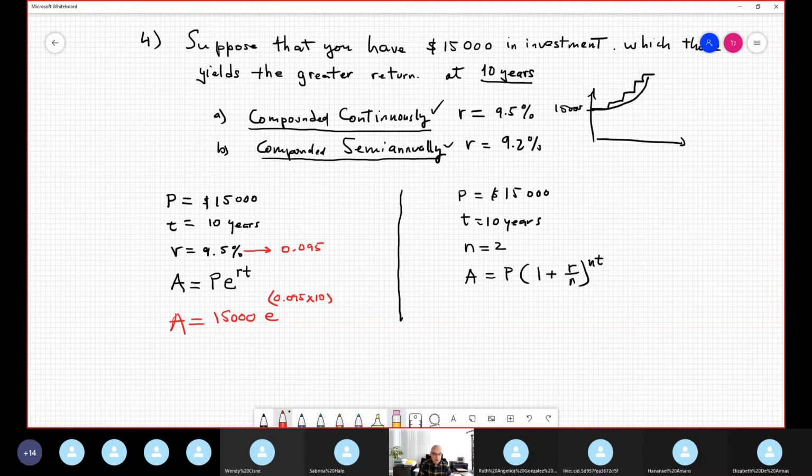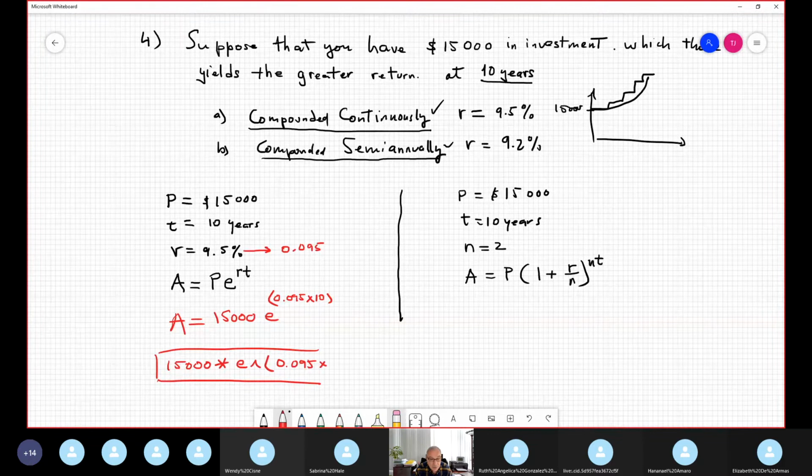Let's do it. Again, in the calculator, this is similar to the other problem because it's the same idea. You put 15,000 times the famous exponential function, and in the argument you put 0.095 times 10. Close the parenthesis and press enter.